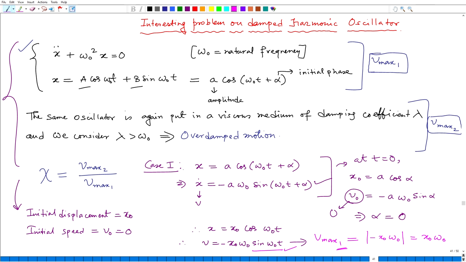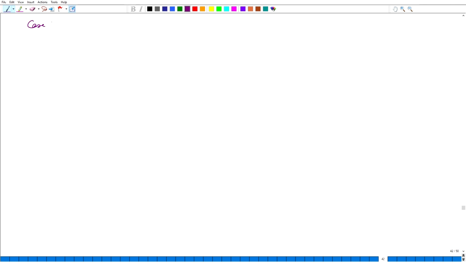Now, how do we find the maximum velocity in the second case? Now we consider case number 2, the case of overdamped oscillation.